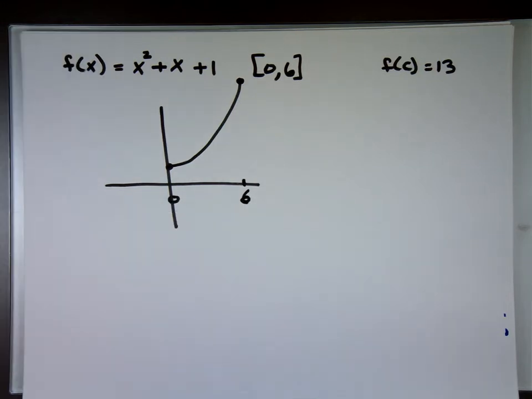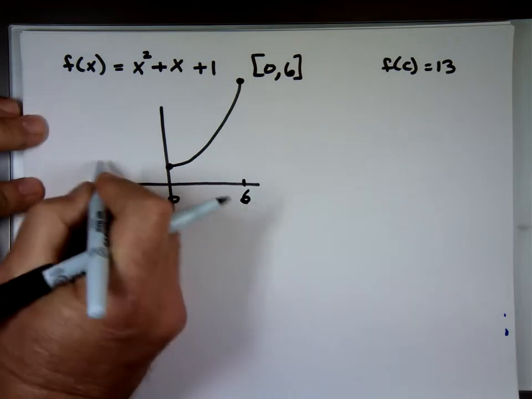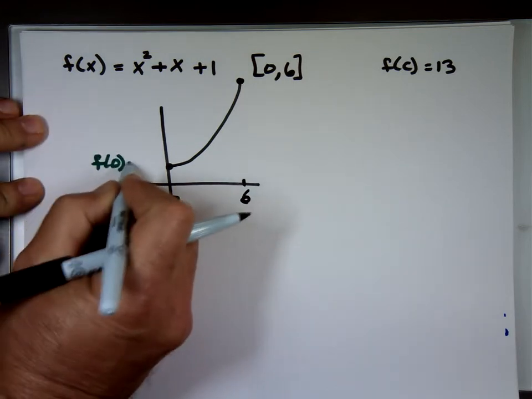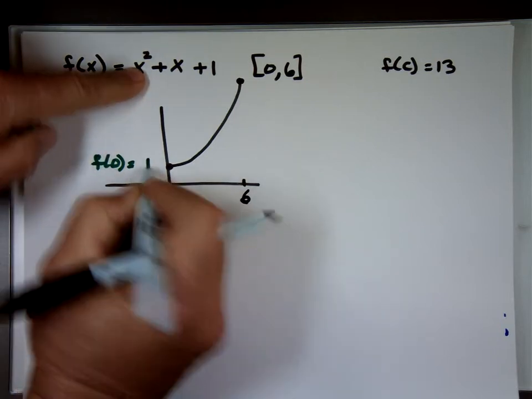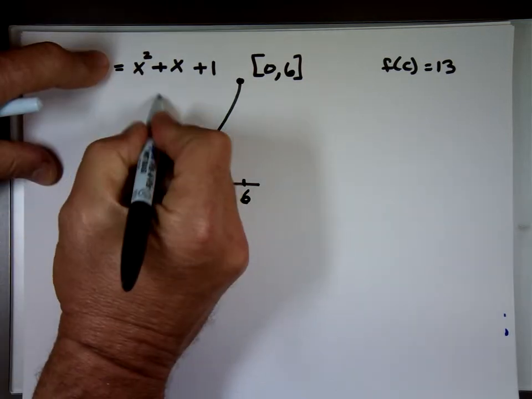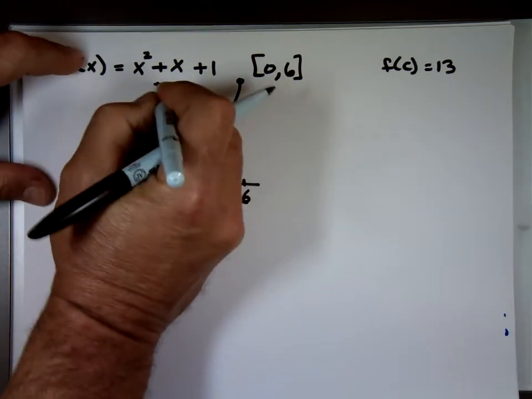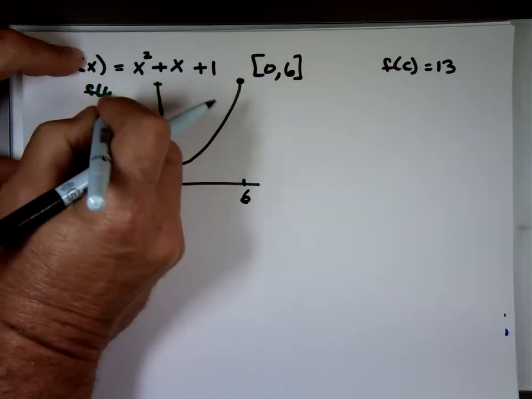The value of the function at 0 is what? What's f of 0 equal to? 1. What's the value at 6? 43.